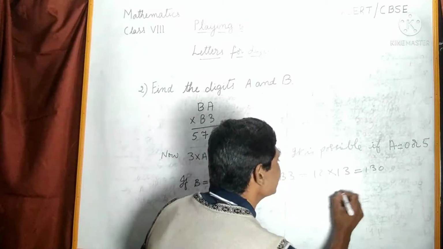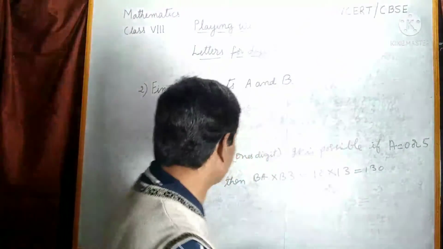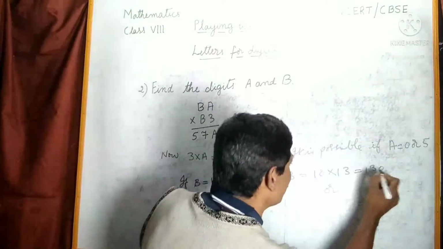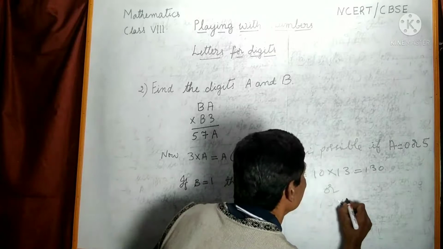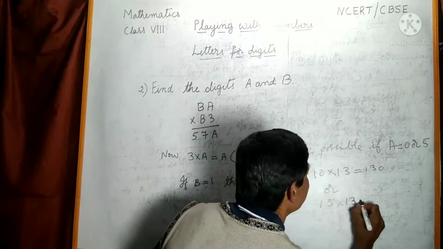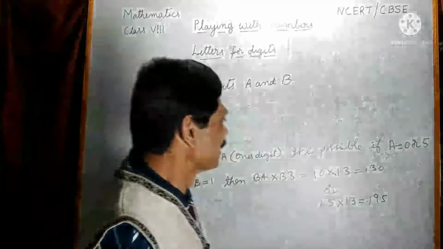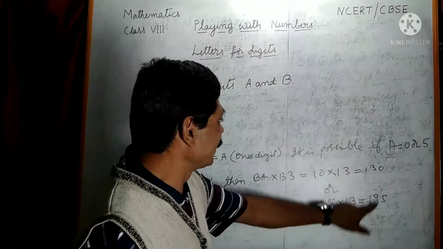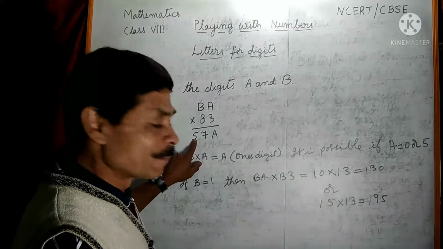Or now let us substitute B is equal to 1 and A is equal to 5. BA is equal to 15 into 13. This is equal to 195. So both 130 and 195 are less than 500.